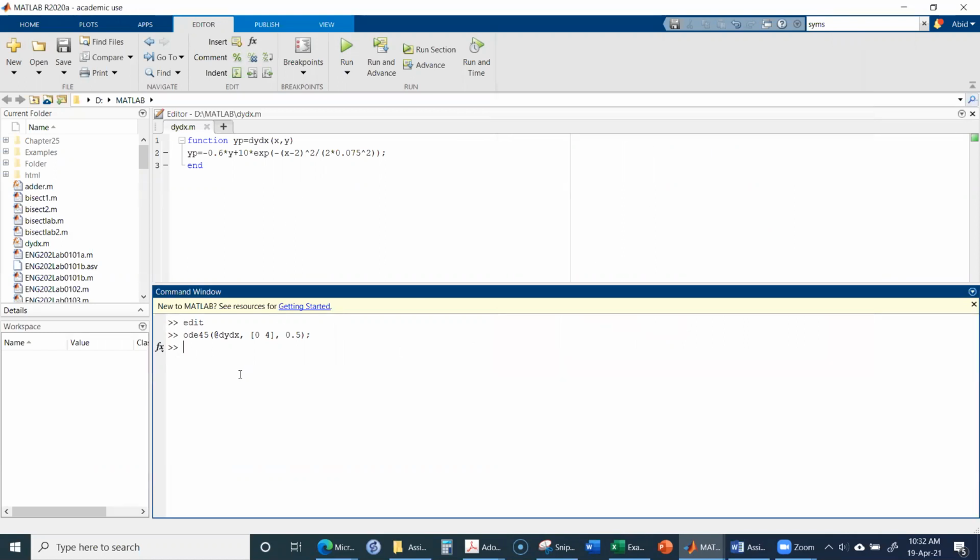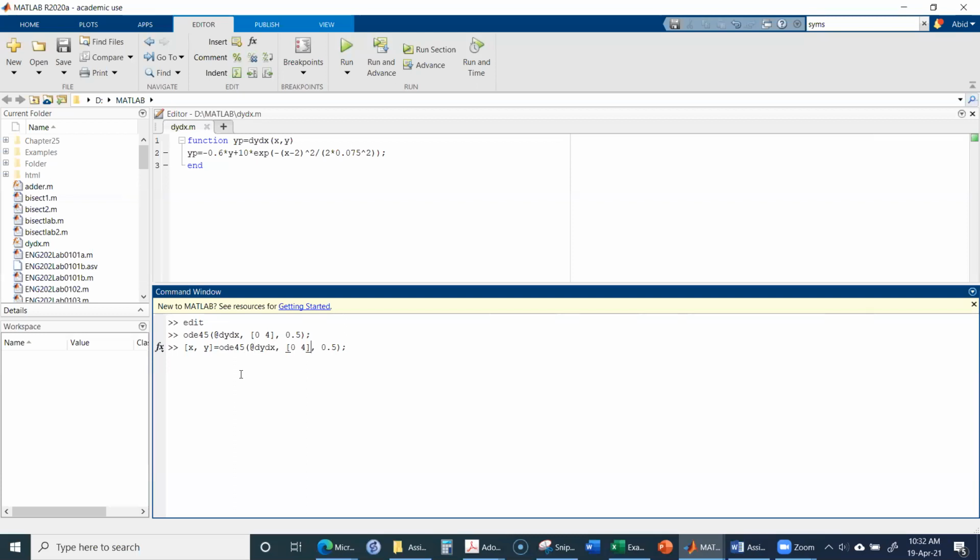On the other hand, if we just want these values, for example x comma y, we can equate them to x, y equal to this.